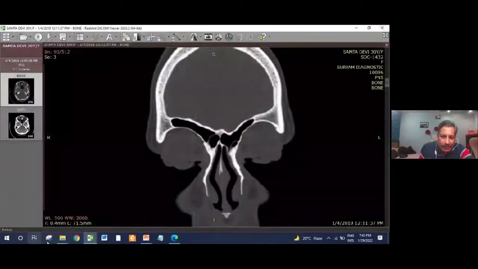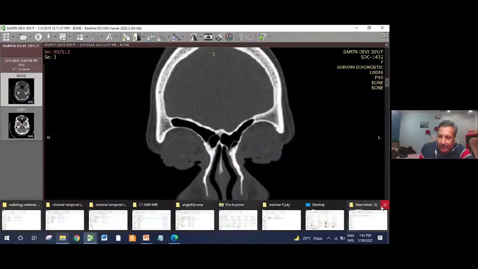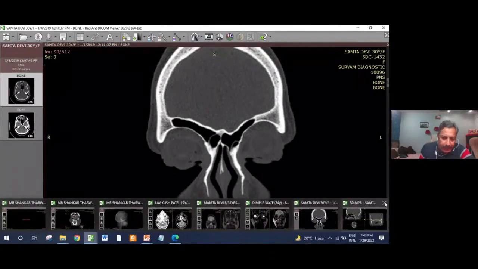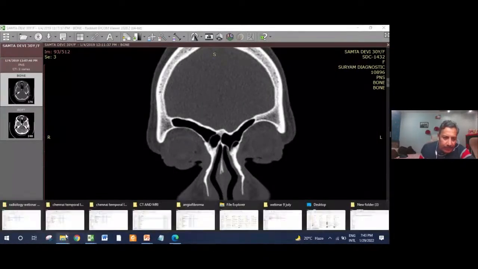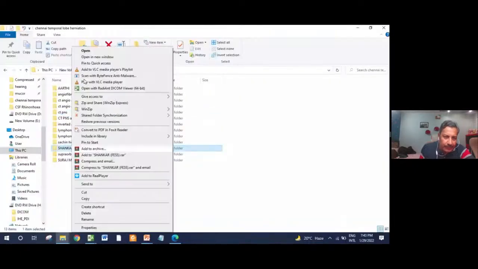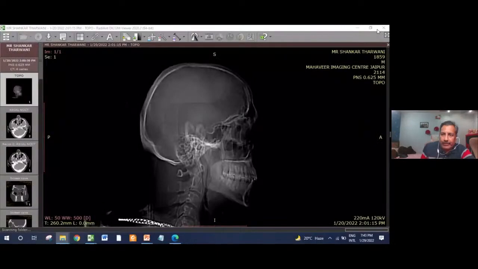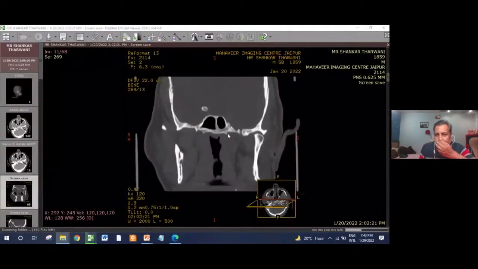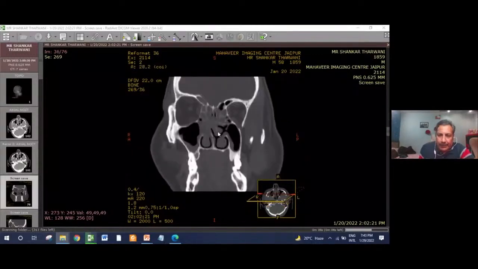Let me give you a good example of the supraorbital cell, so that you will never forget. Probably this one. Yes. I hope you are getting the diagram.